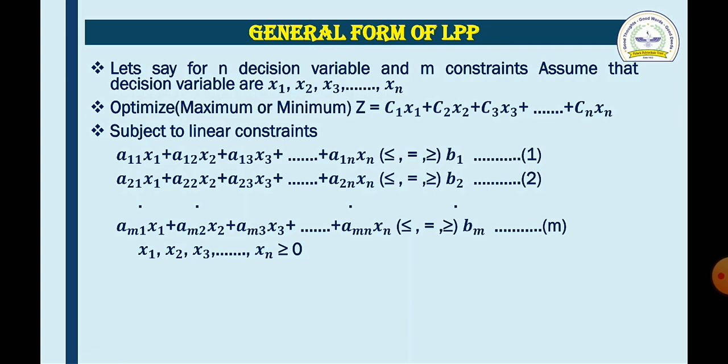So these are all linear constraints, and a11, a12 and so on up to a1n, a21, a22 are all coefficients of the constraints, and b1, b2 and so on up to bm are the right hand sides of the constraints, and x1, x2 and so on up to xn greater than or equals 0 are the non-negativity constraints, which are very important in this problem.